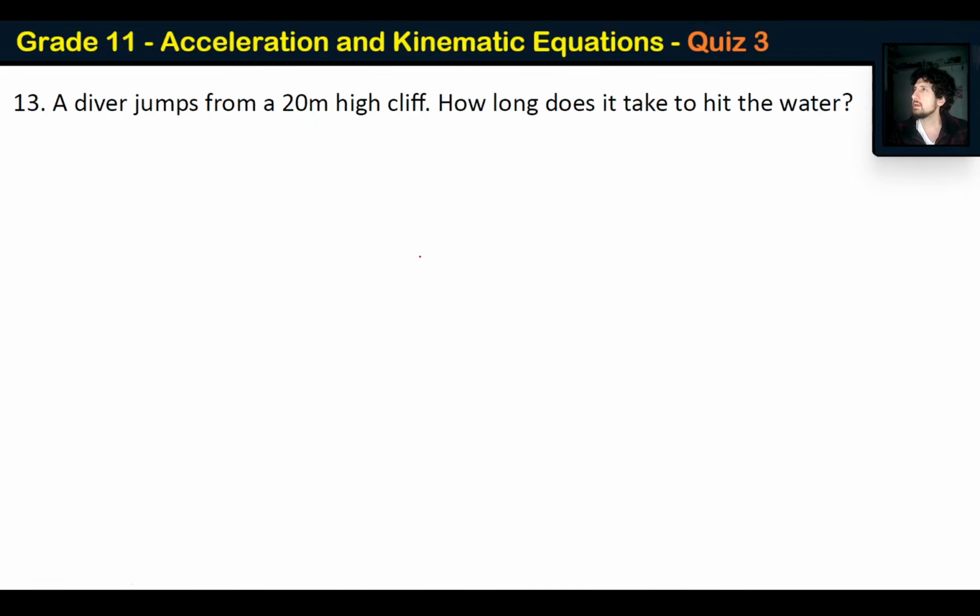Let's move on. A diver jumps from a 20-meter high cliff. How long does it take to hit the water? So once again, Vi is equivalent to 0. So this helps a lot, because delta D is equivalent to Vi t plus half a t squared. And of course, a is g, and you have to remember that g is always 9.81 meters per second squared.